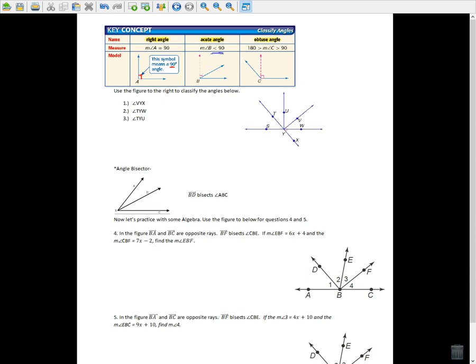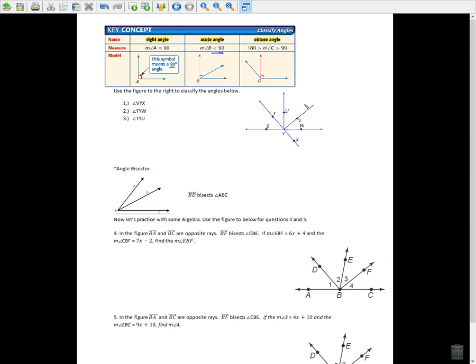Lastly, we've got the obtuse angle, which is clearly greater than 90. So you will know just by looking at a lot of these angles whether we have a right angle, an acute angle, or an obtuse angle. So again, obtuse is greater than 90, less than 180. Okay, let's go ahead and try to do these questions. It says use the figure to the right to classify the angles below.